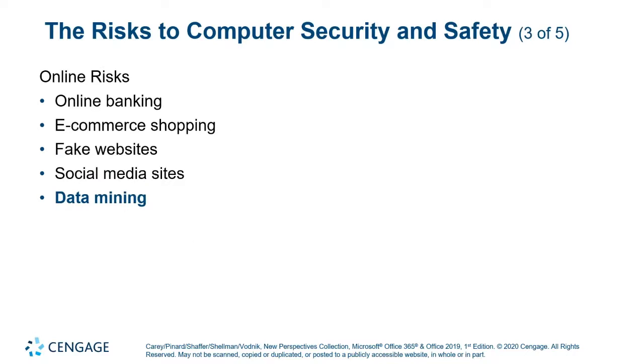As far as ways that we put our own information at risk, online banking and shopping, these are obvious ways that we put ourselves at risk. We talked about this in previous lectures. When you are conducting online business of some kind, whether you're buying products or checking your bank, this information is traveling across a network.